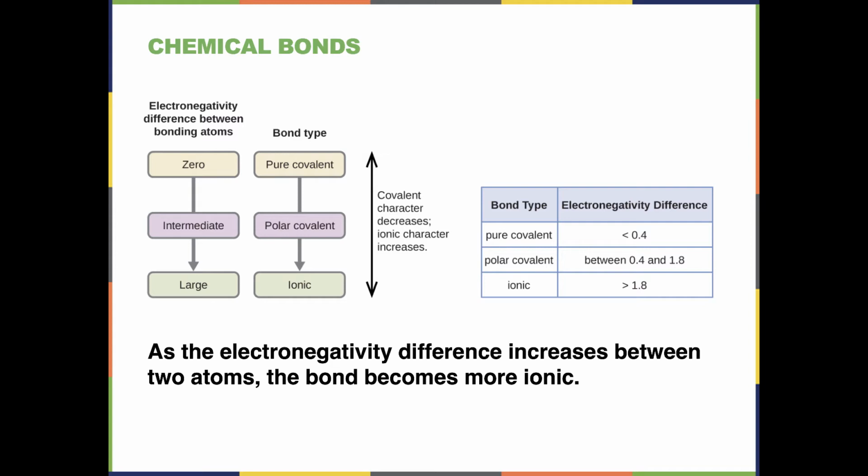And what you can see, if you look particularly at the diagram that's in the upper left, is first of all you see electronegativity differences: 0, intermediate, and large. The bond type that occurs is either pure covalent, meaning that it's nonpolar, polar covalent, meaning that sharing occurs but the sharing is not even, or ionic, meaning that there's a total transfer of electrons.